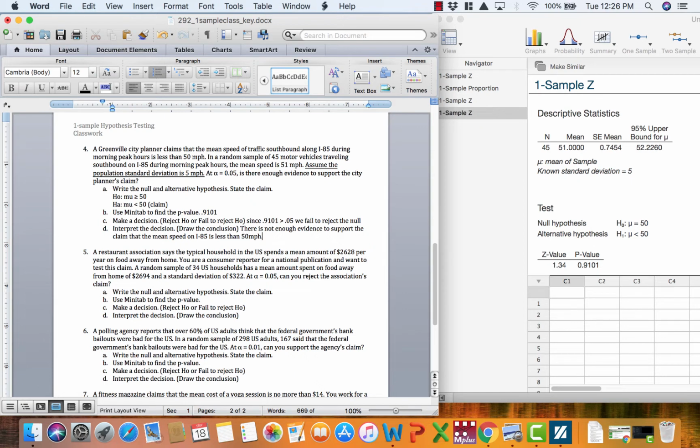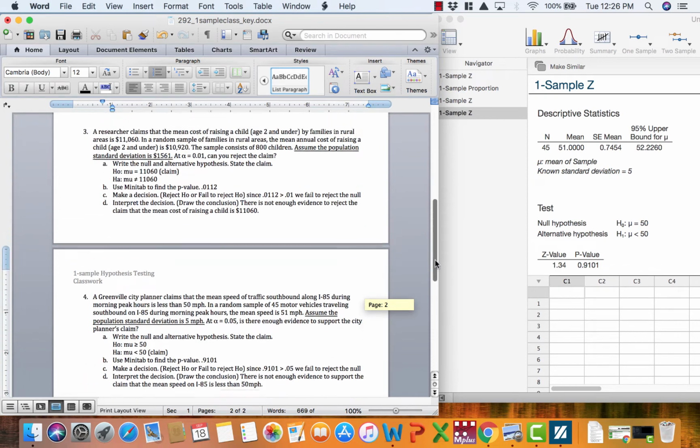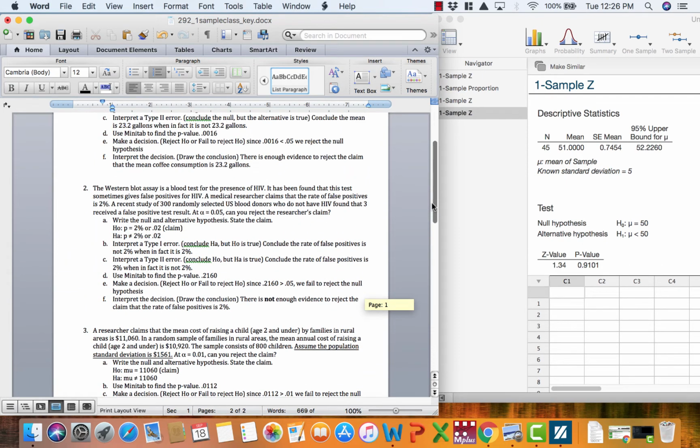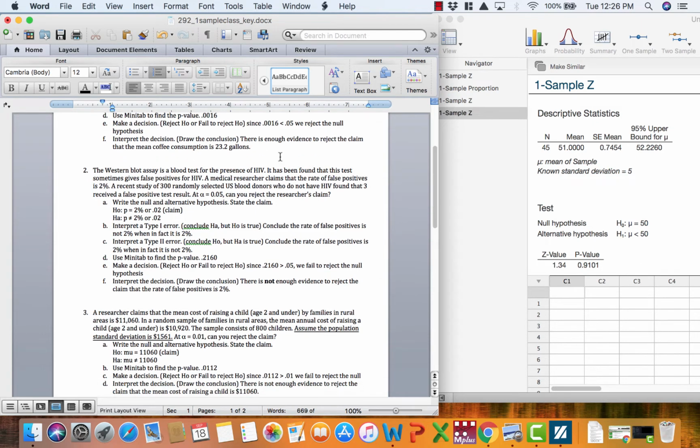Okay, so notice, let's just take a second to look here. I have given you this information in a matrix in Blackboard. But when our claim is the null, as it was in the first 3 problems, we either say there is enough evidence to reject the claim, or there is not enough evidence to reject the claim.